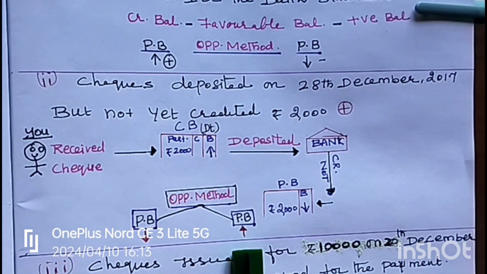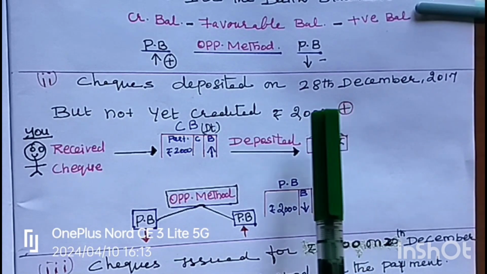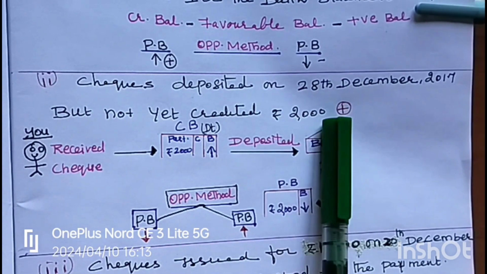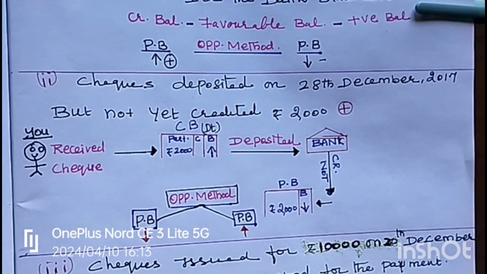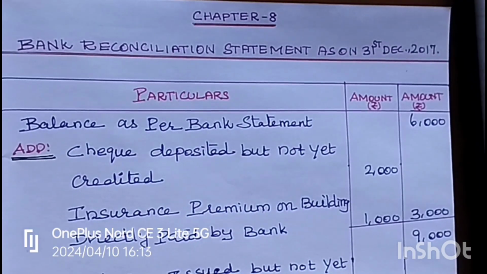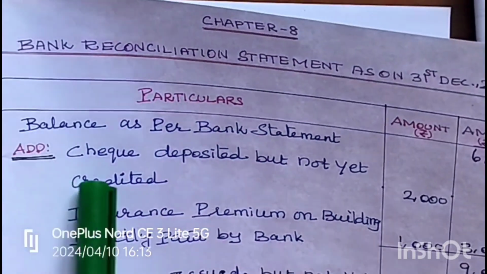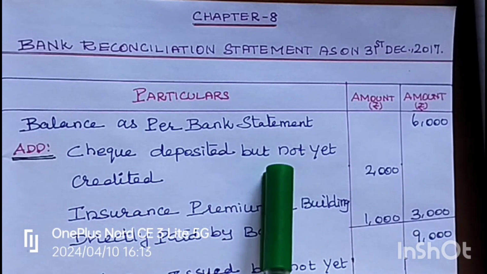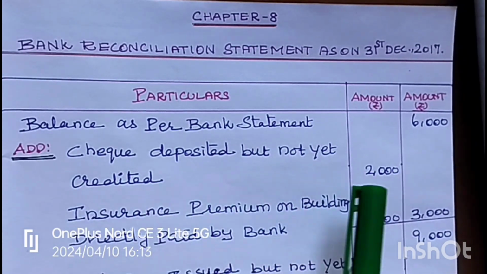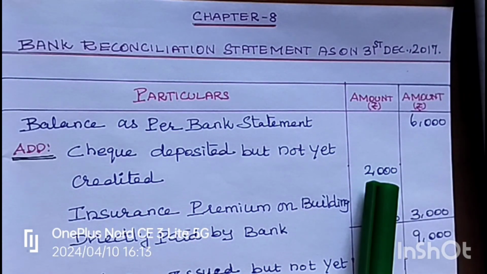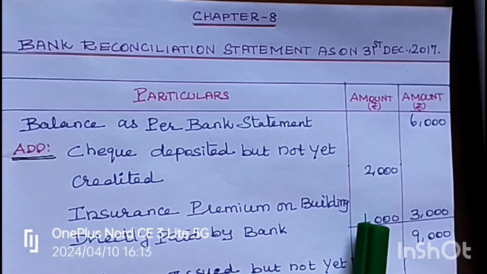So this transaction will be added. So in the add column, checks deposited but not yet credited, 2,000 rupees is entered in the inner amount column.